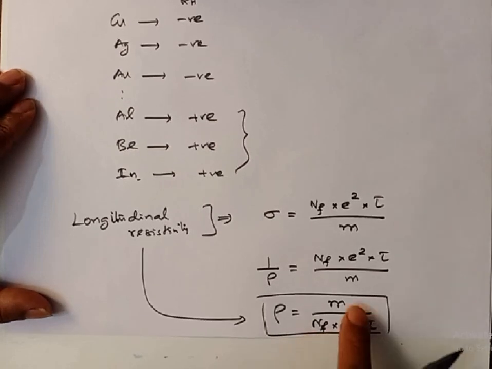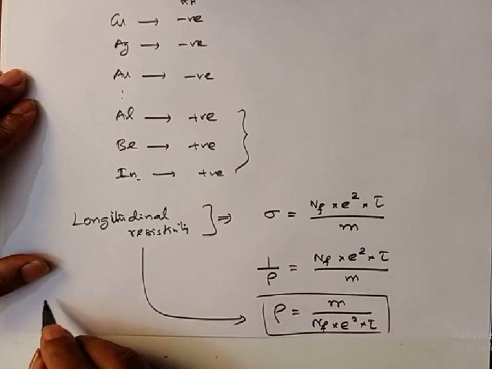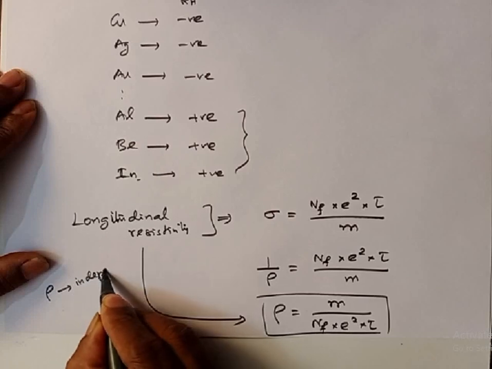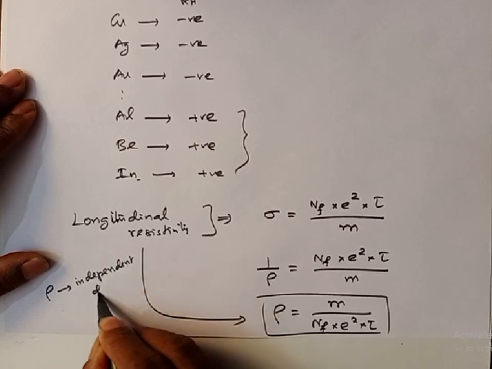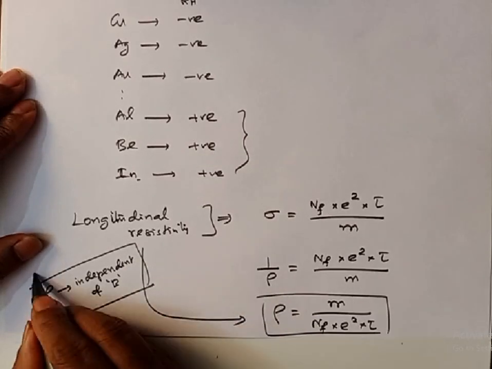And remember, in longitudinal resistivity there is no term of magnetic field. So longitudinal resistivity is independent of the external magnetic field according to Drude theory.